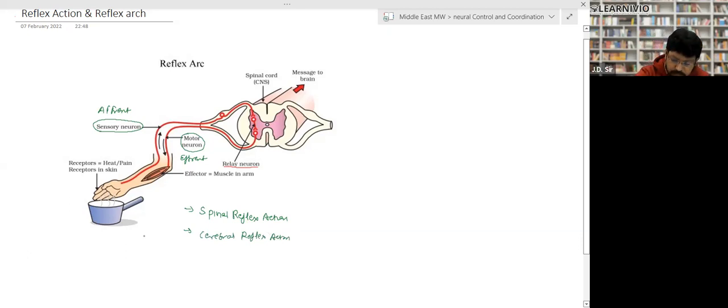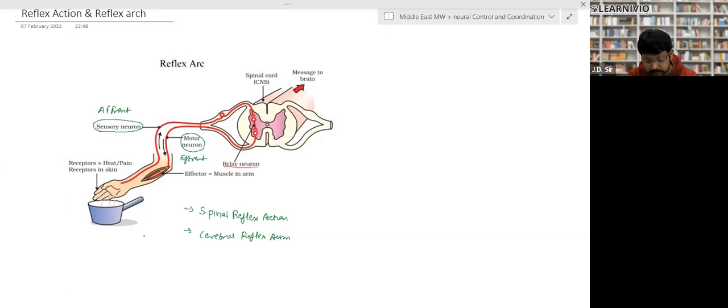Example: withdrawal of limb when we touch a hot object.